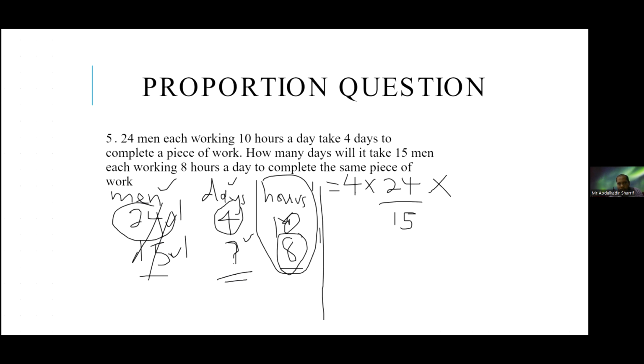So usually take the more, which is 10, divided by 8. So 4 times 24 over 15 times 10 over 8. Divide by 8, 1, divide by 8, 3, divide by 5, 3, divide by 5, 2, divide by 3, 1, divide by 3, 1. So I'll just remain with 4 times 2, which is 8 days.